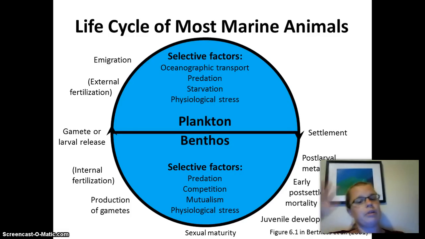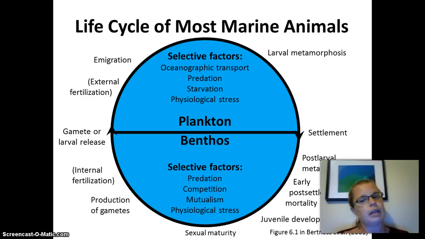And while they're out in the open ocean, they have to deal with oceanographic transport, things like currents carrying them around. They have to deal with getting eaten by pelagic predators, by fishes, all kinds of organisms. They have to deal with not being able to get enough food and often starving. And they have to deal with physiological stresses. Maybe it's too hot, maybe it's too cold, maybe the salinity is too high, all kinds of different physiological stresses.